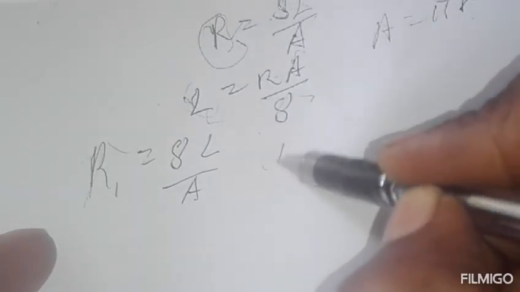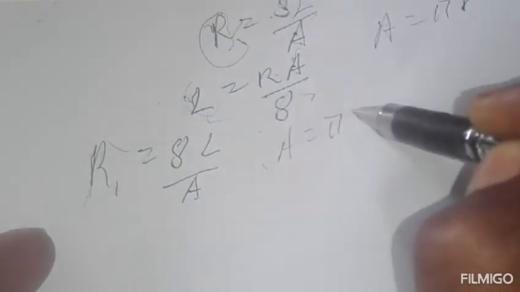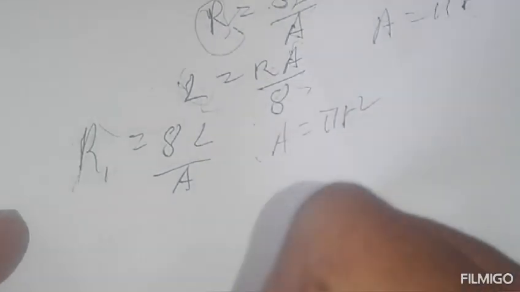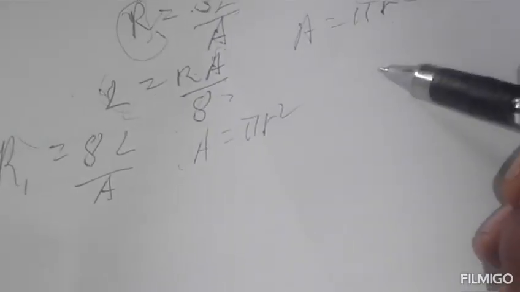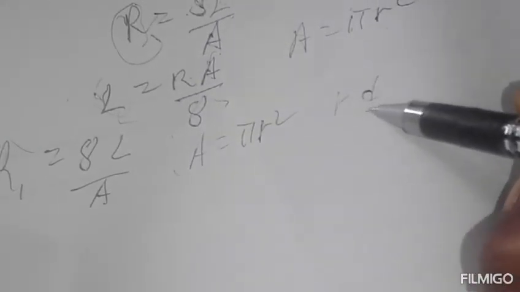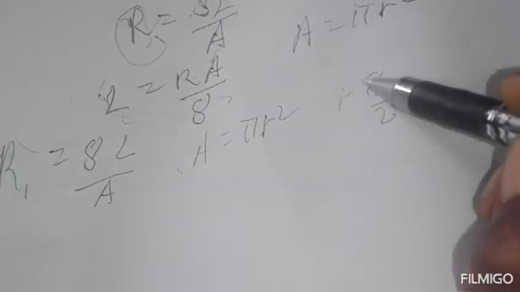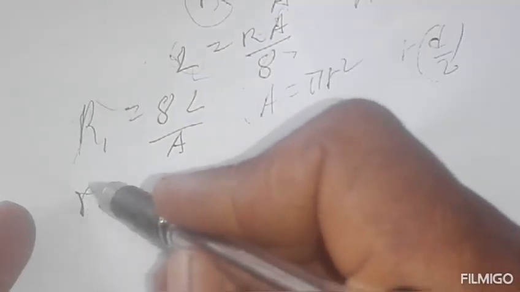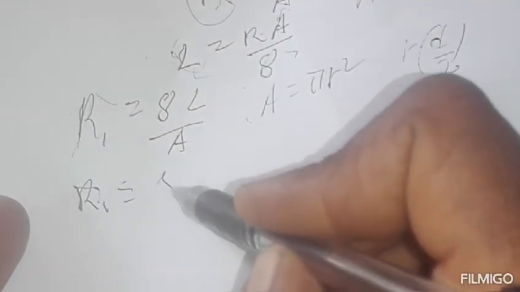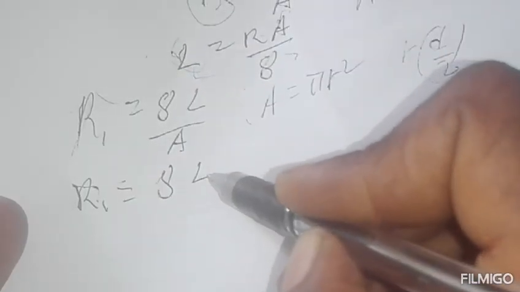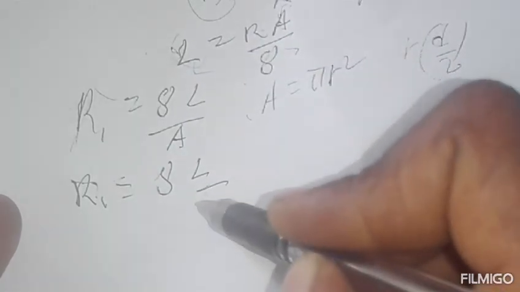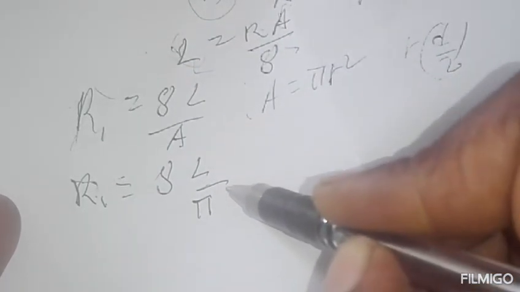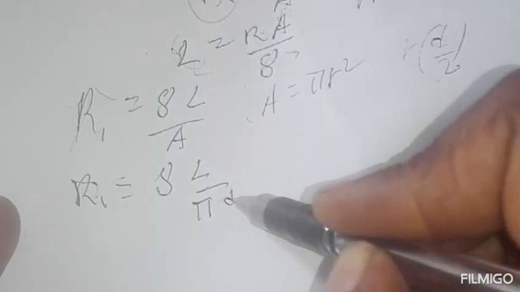Area ደግሞ pi r square ነው። r ደግሞ diameter over 2 ነው። Diameter over 2 the whole square አድርገን መተካት እንችላለን። So resistance 1 is equal to resistivity of the material times length of the wire over pi times diameter over 2 the whole square.